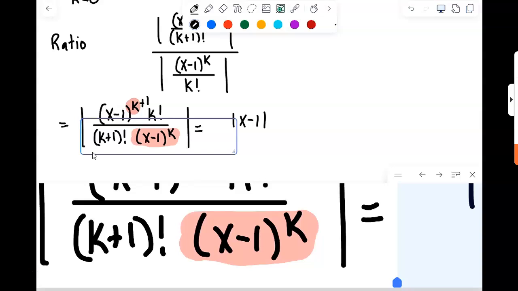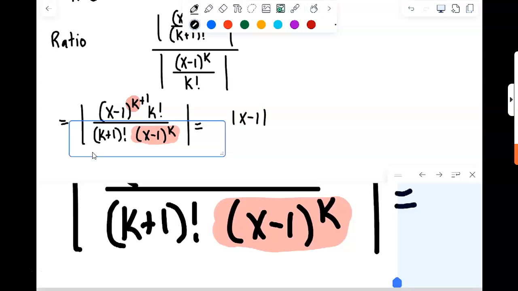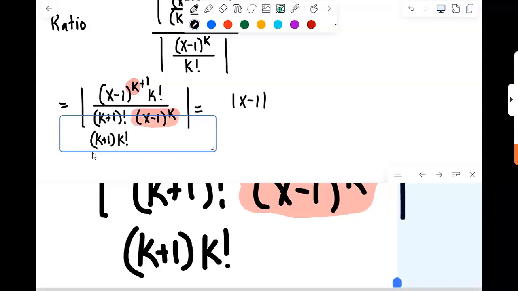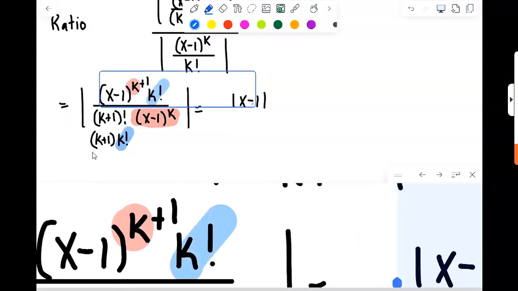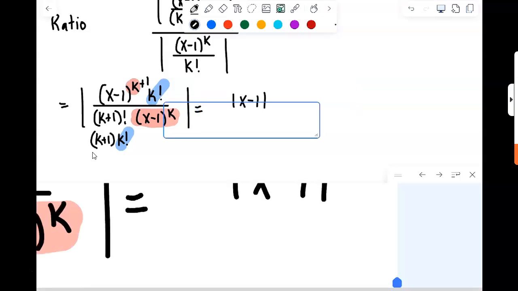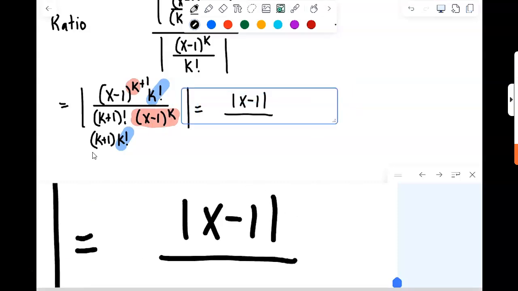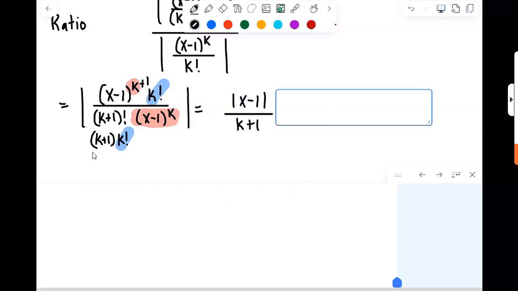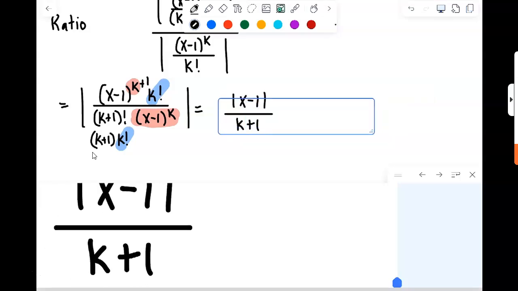We can rewrite k plus 1 factorial as k plus 1 times k factorial. And so that k factorial will cancel out from both top and bottom. And since k plus 1 is always going to be a positive number, I can drop the absolute value on that part. And I just have k plus 1.